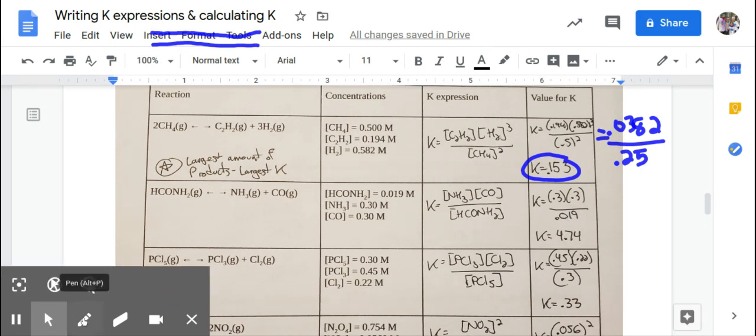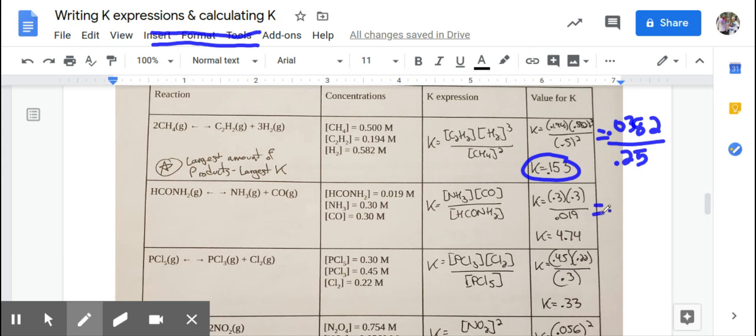The numerator here is 0.09, and the denominator is still 0.019. If you divide those two, you see the numerator is larger than the denominator, so the K is a little bit bigger than 1, 4.74.